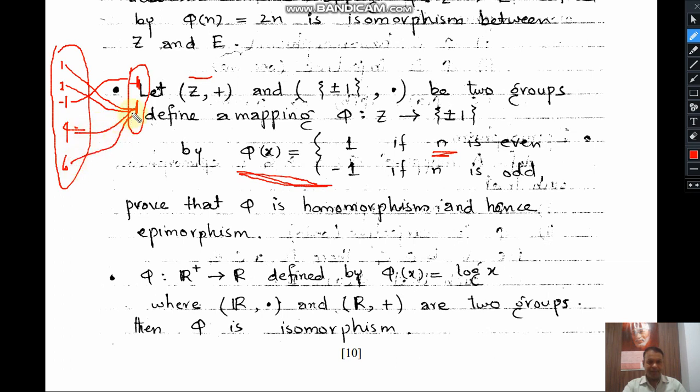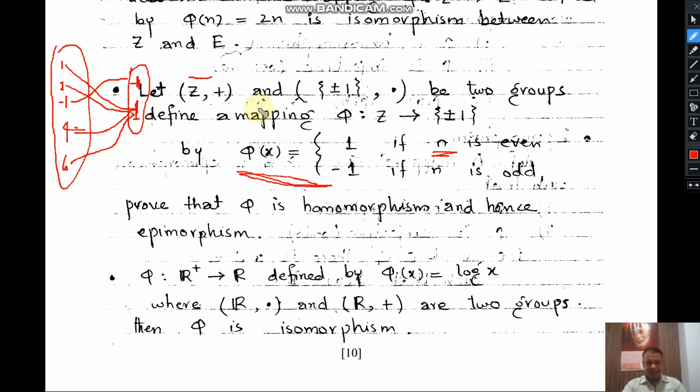Here we are saying that this is a many-to-one mapping, not one-to-one, because many elements are mapped to plus 1. But there is no element in the second set which is not the image of some element of the first set. So this is a many-one onto mapping.